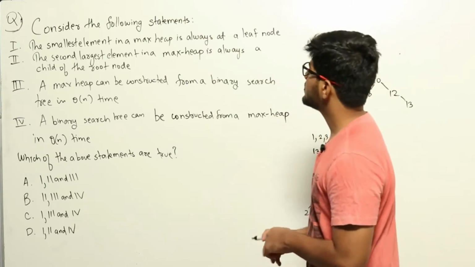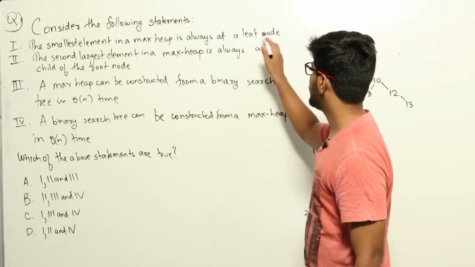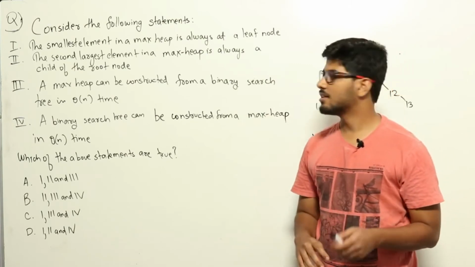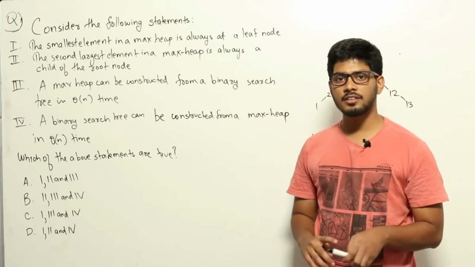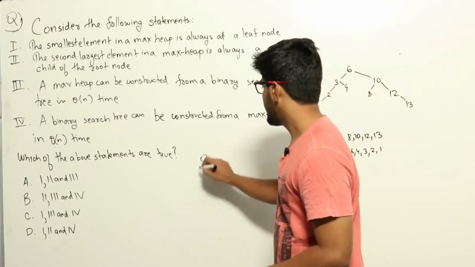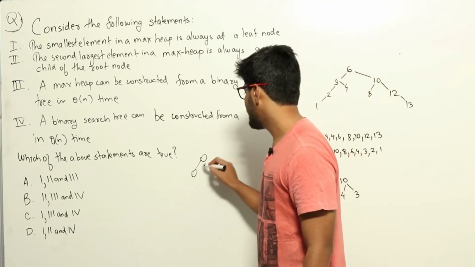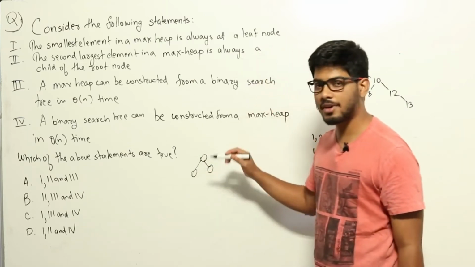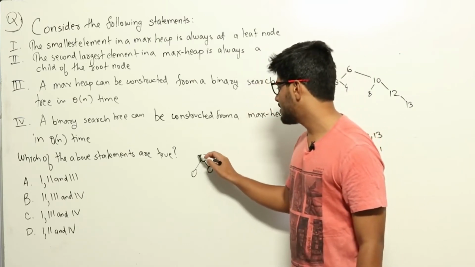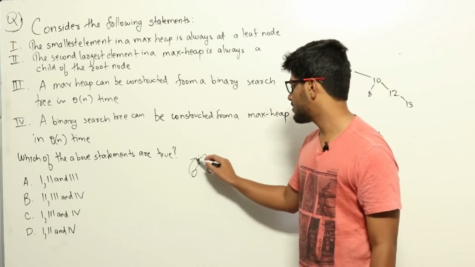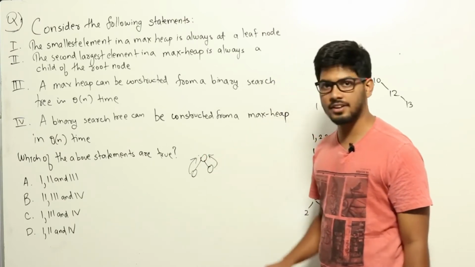So statement 1 says the smallest element in a max heap is always at a leaf node. So imagine this statement is false. Let us say the smallest element we have in some internal node like this. In that case it will definitely have children because it is not a leaf node, right? To satisfy the max heap property, this node has to be greater than both its children.